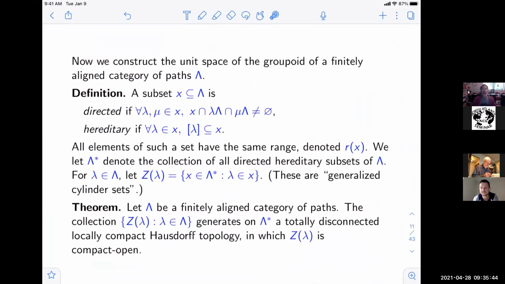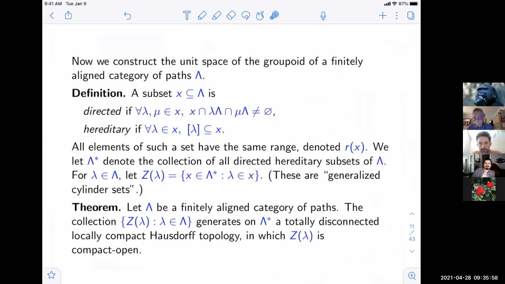Okay. So I said that the first thing to do is to build the unit space of the groupoid we want. So it should be a locally compact Hausdorff space. Here's how we do it. We start with a finitely aligned category. That's why this is a fairly straightforward definition.